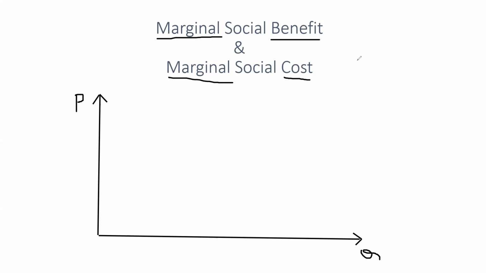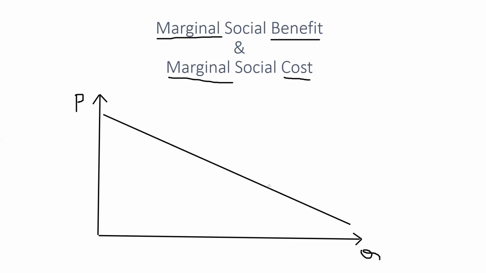That is marginal social benefit and marginal social cost. So the cost or the benefit to the society as a result of producing one additional unit. So let us continue drawing the diagram.